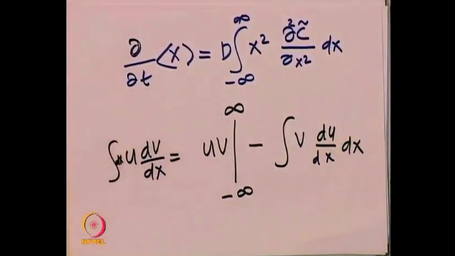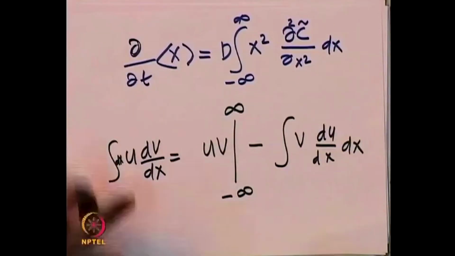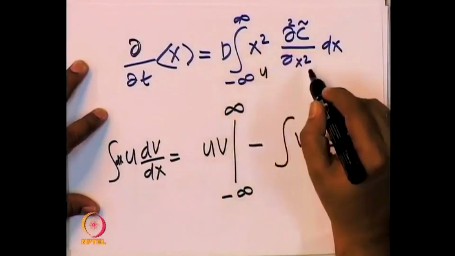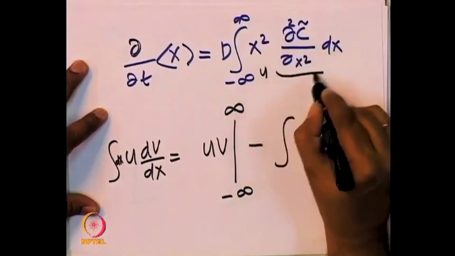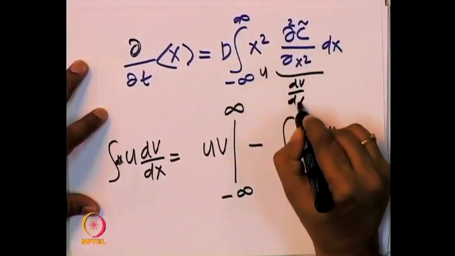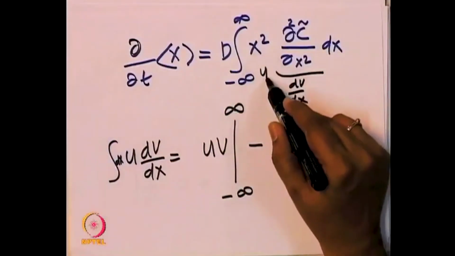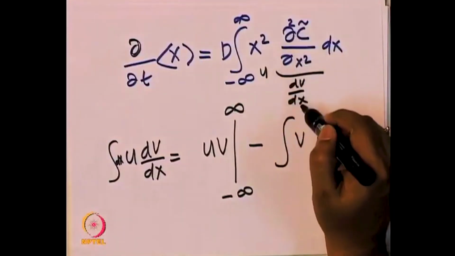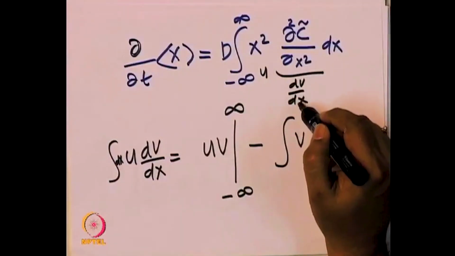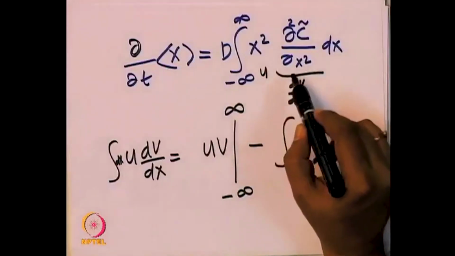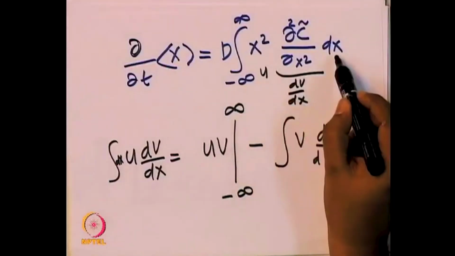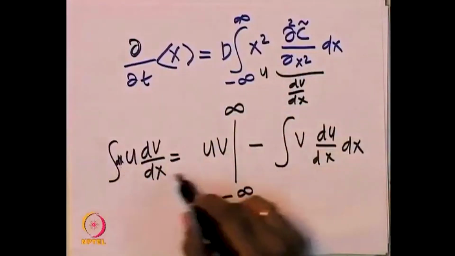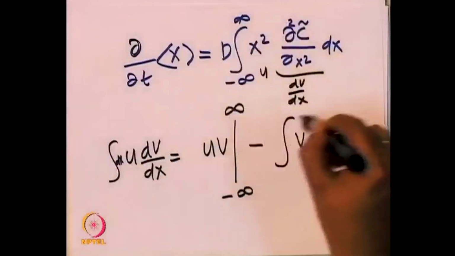So, we can always define this as u, x square as u, and this as dv dx. So, let us take x square as u and del square c by del x square as dv dx. So, this will be integral u dv dx dx. So, you can use this formula now to do this integration.